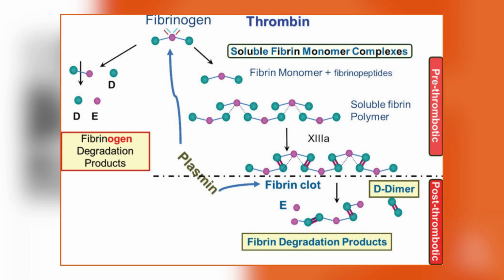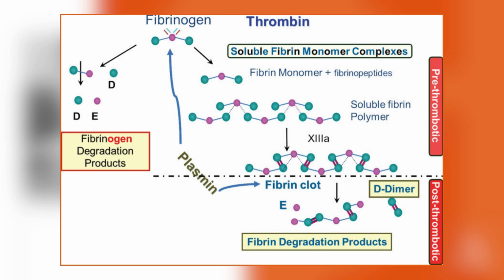Now, if we go back to that figure, at the top bar on page 2 of this publication, in the journal Thrombosis and Hemostasis, 2018, volume 118, page 1857, you can see that thrombin, which is a key protease of the coagulation system, plays a significant role in the formation of the fibrin monomers.